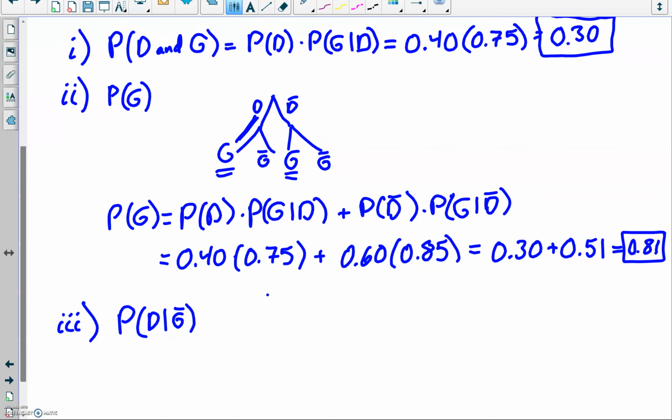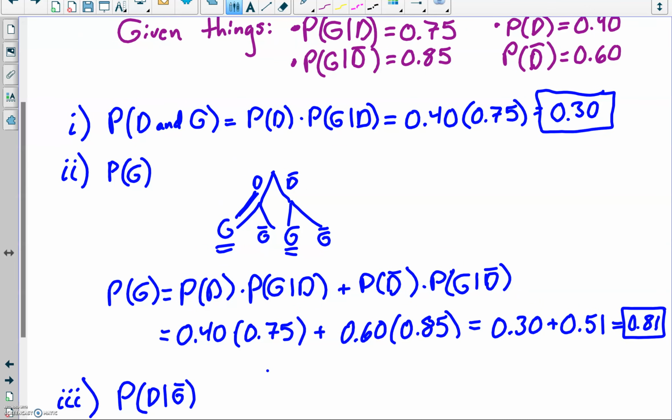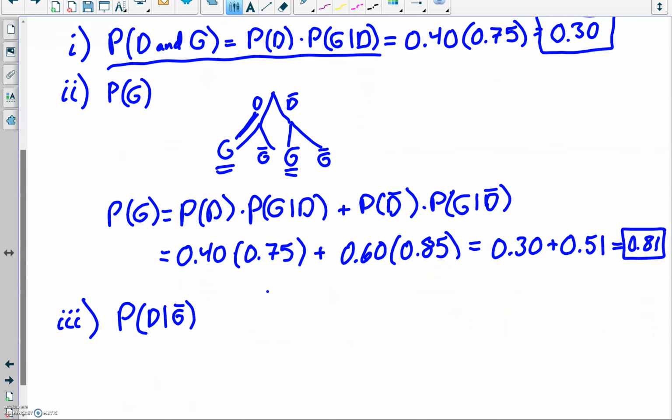If we look up here at part I, we have the probability of D and G equals the probability of D times the probability of G given D. So just looking at this little formula here, notice that if I solve for the probability of G given D, I would have the "and" divided by a probability. And Bayes' formula builds on this idea.